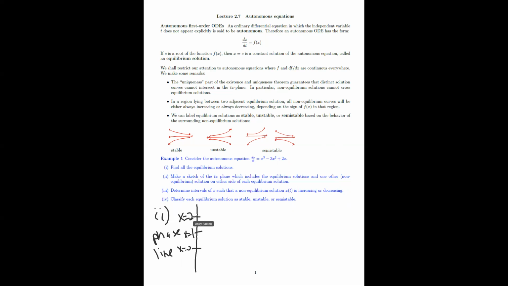And again, with our phase line, we had the x increasing on that region, decreasing on this region, increasing between 0 and 1, and decreasing between negative infinity and 0. Then let's draw our axis for the tx plane.